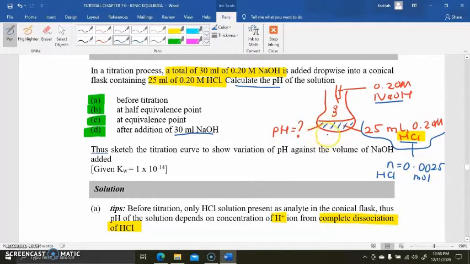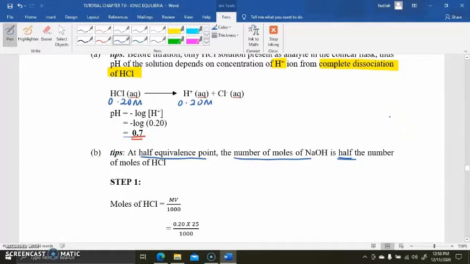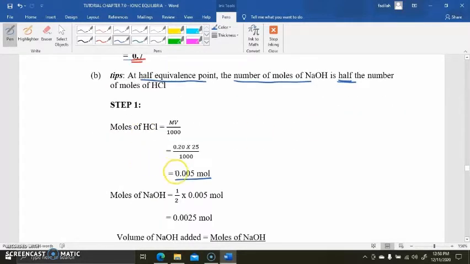Concentration dia is still 0.20 molar. Cuma yang akan memberi efek pada pH adalah sebanyak mana NaOH yang awak tambah. Right, so dapat number of mole of HCl 0.005 mole. Baru kita kena cari pula number of mole of NaOH.